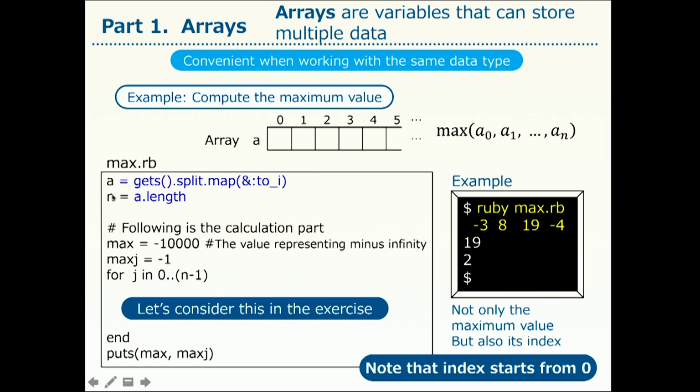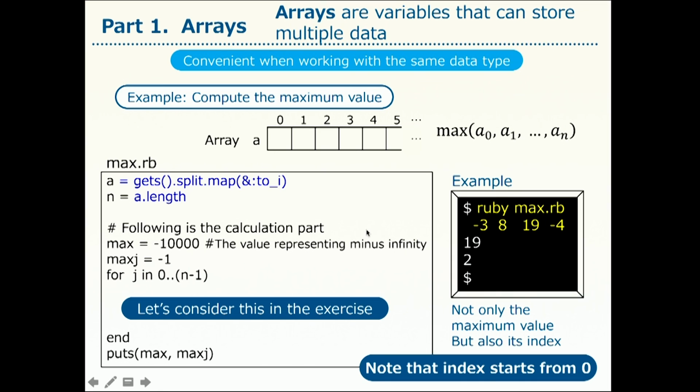Using this A and n, we want, for our example case, to compute 19, the largest number, and then its location. Although we will discuss this computation in the practice exercise, let me give some hints here. We end up looking at all of the array elements.